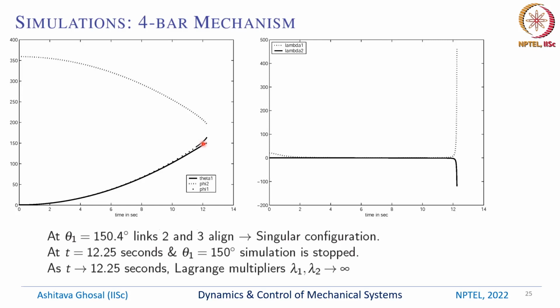We can try out these simulations in the lab in front of a computer and then find out what is the time, what are the forces, and so on. This is one of the goals or usefulness of simulations. It can give you a very good idea about what exactly this 4-bar mechanism, or for that matter any other multi-rigid body system, is going to do.